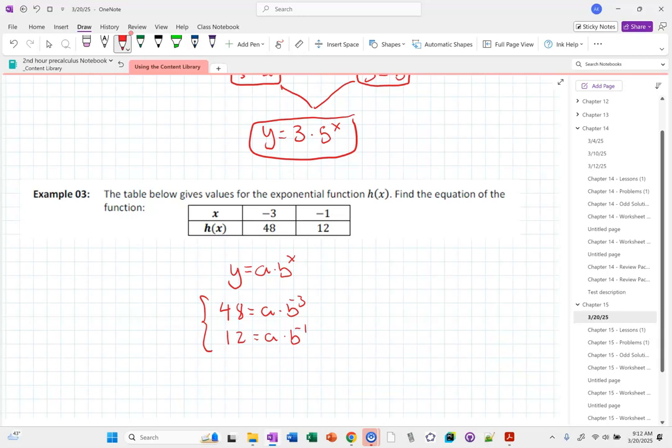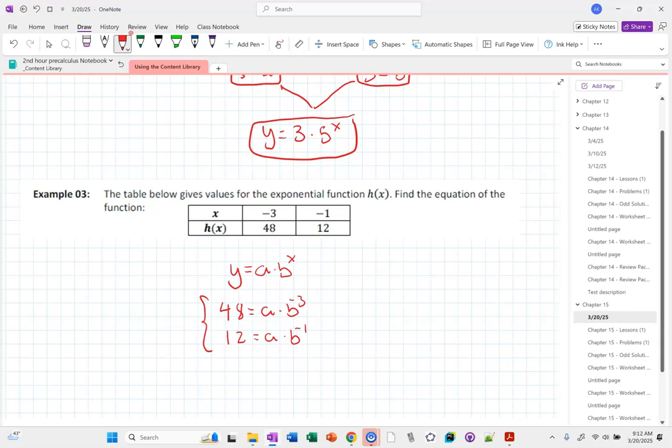Here, the variables aren't being added or subtracted to one another, they're being multiplied. So I would still do elimination, but the way we're going to do elimination, instead of adding 2 equations together to get the variables to cancel out, we're going to be dividing one equation by the other.